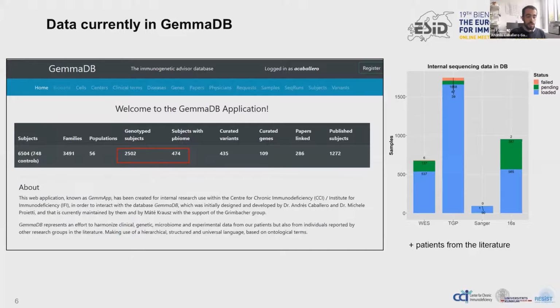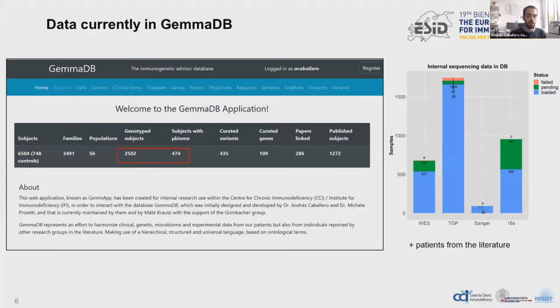But in addition, we do this clinical or genetic curation of variants that we identify in our patients. We also curate the genes, but in addition, we also link these genes or variants with the papers in which they were published. So sometimes if you go to public resources that do automatic annotations, you may miss many important papers.